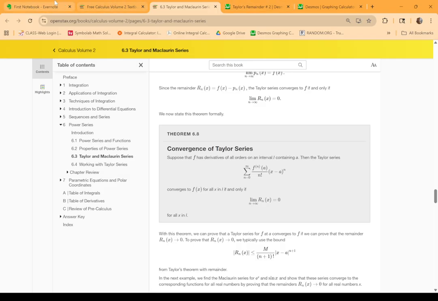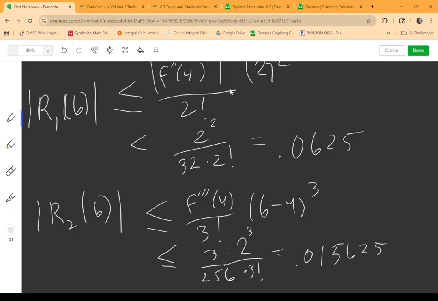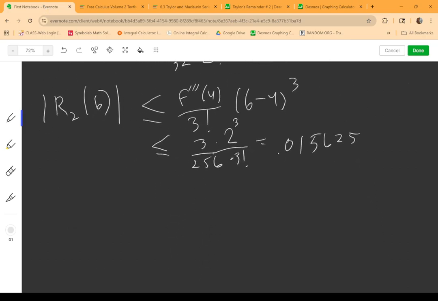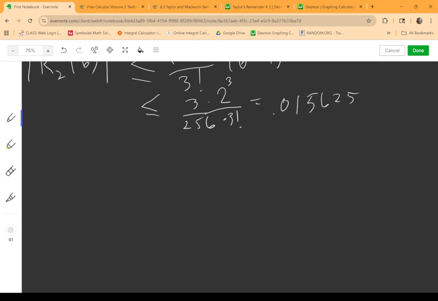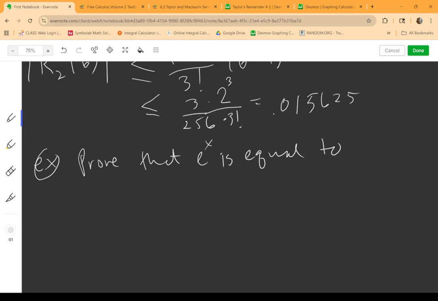So for example here, in this example we want to prove that e to the x is equal to the sum of its Maclaurin series.